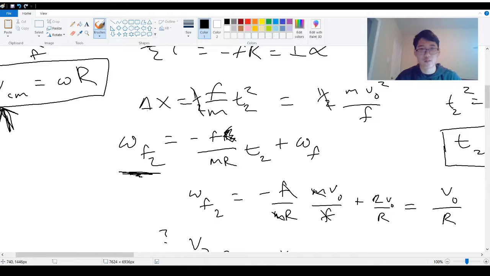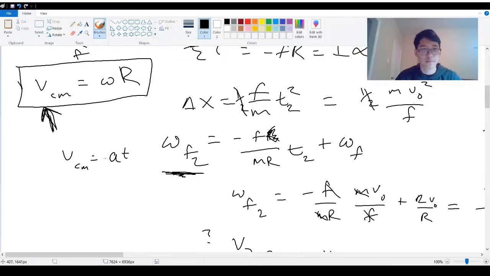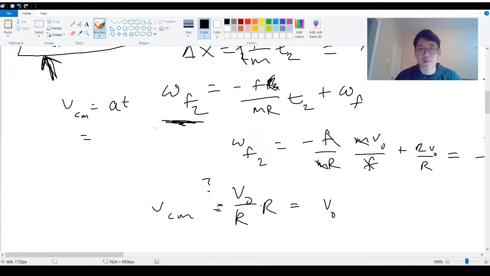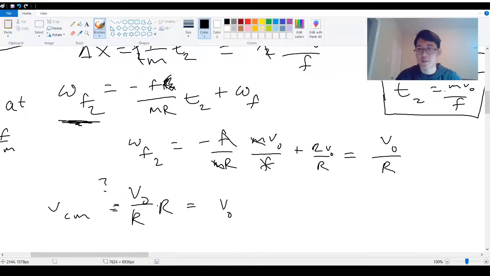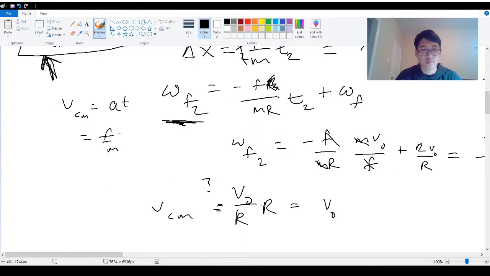Well, if we use the kinematic equation, the velocity of center mass is equal to the acceleration times time plus v naught, and v naught is equal to 0 in this instance. So acceleration, as we already calculated, is f over m. So f over m times this time that we calculated, m v naught over f. Cancel these guys out. Okay, so we get v naught, and that's really interesting because the velocity of center mass is also equal to v naught.